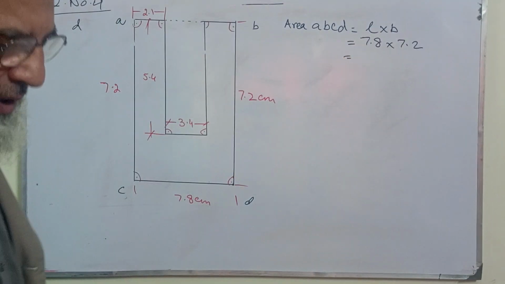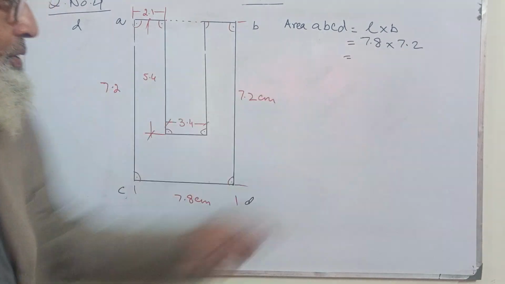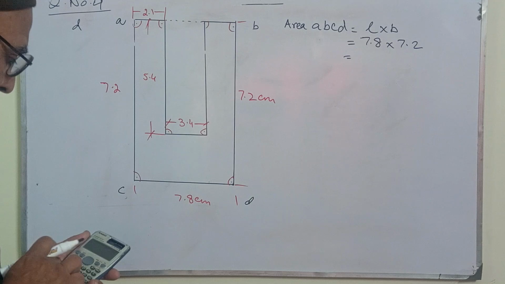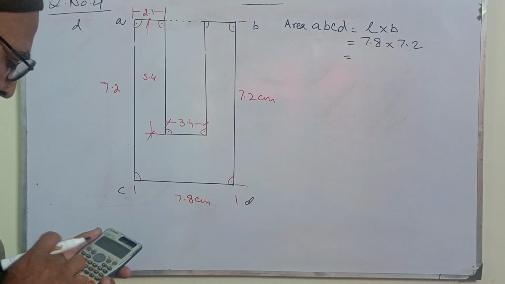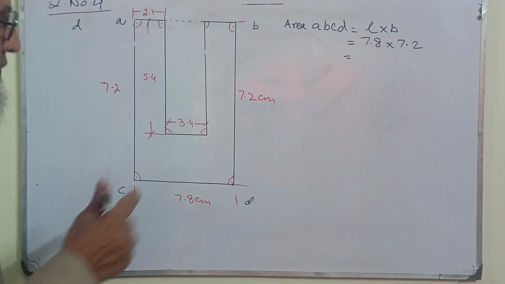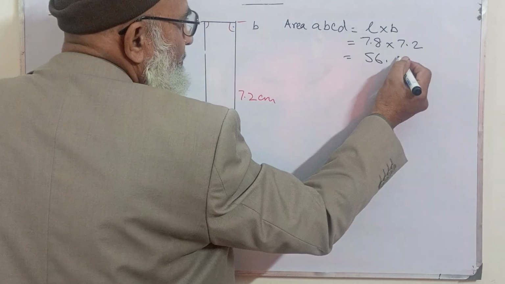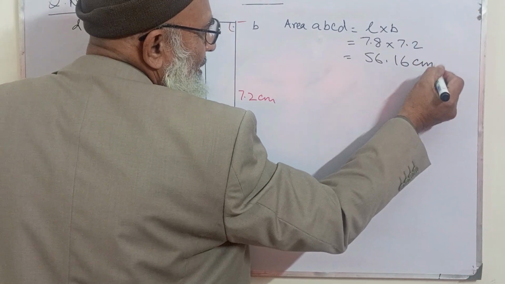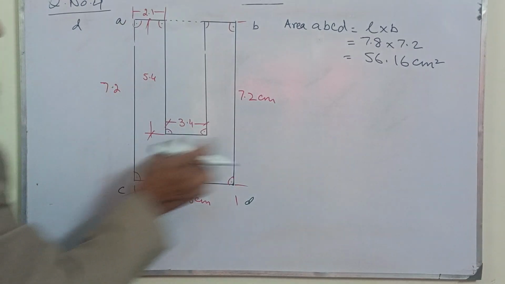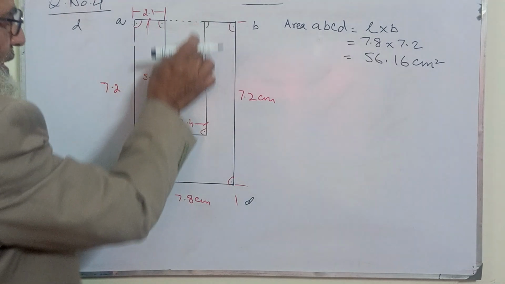Though it does not make any difference, I am going to write it in correct order. Length is this, breadth is this. Now length multiplied by breadth, 7.8 multiplied by 7.2 is equal to 56.16 centimeter square. This whole figure has an area of 56.16.